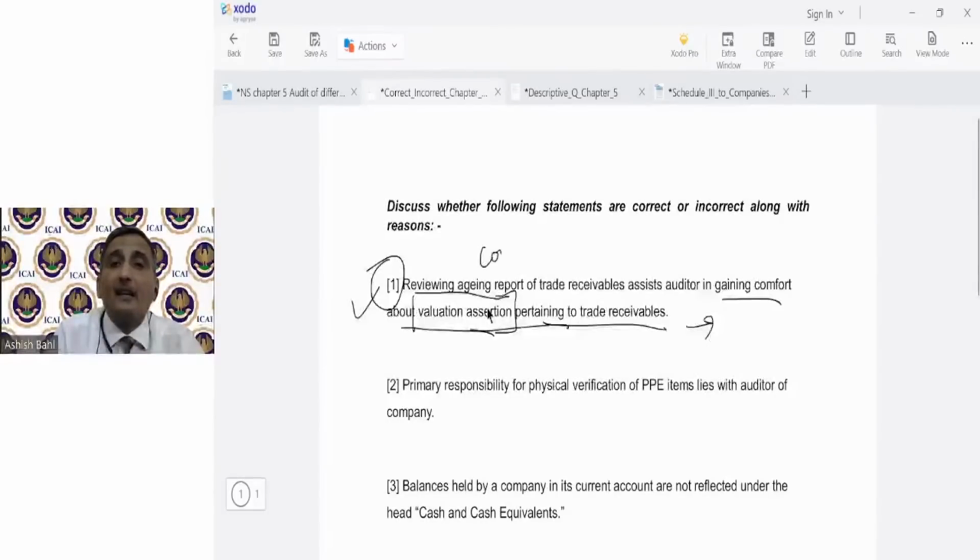This statement is correct, because by reviewing the aging report, the auditor comes to know whether the trade receivables are properly valued or not, whether proper provision has been made in respect of doubtful debts or not. So this is correct. Great guys, all of you have given correctly.